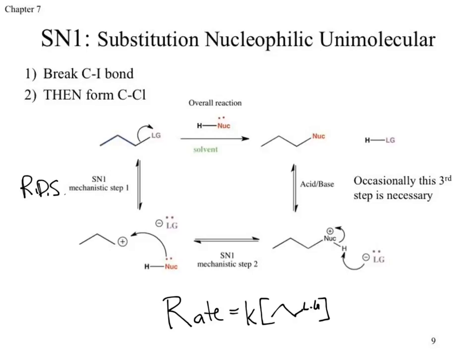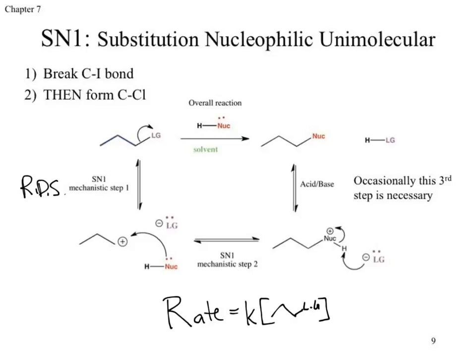If it was M, what happens to the nucleophile? M stood for metal. We had an ionic bond, and our nucleophile was negatively charged, meaning the nucleophile was strong. In this case, do I want a strong nucleophile?